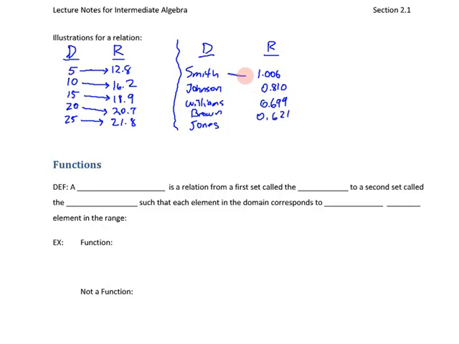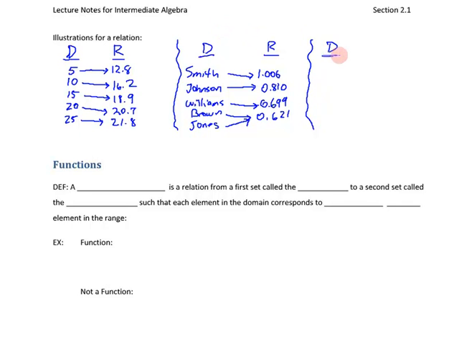Smith corresponded to this value. Johnson corresponded to 0.810% of the population. Williams corresponded to this one. And what we have here is a convergence. Brown and Jones both correspond to the same value. Okay? Now, what happens if I switch these two?